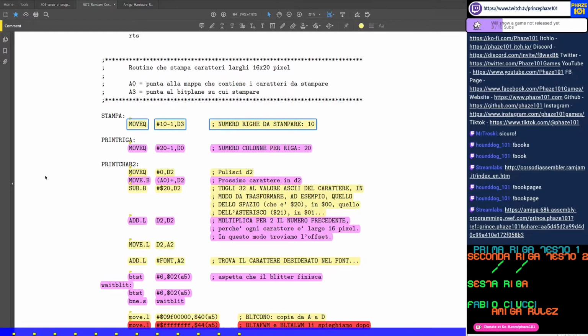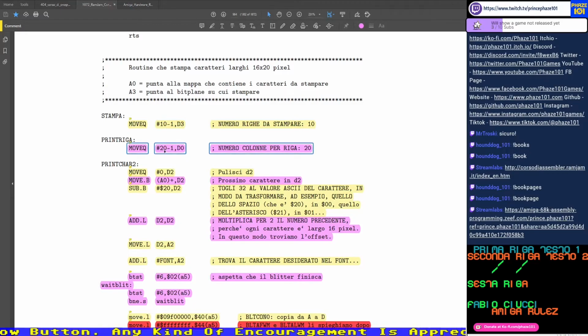It fits 10 times, and 10 times 20 is 200. Our screen is 256 high, but Fabio decided that we only need 10 lines on the screen. That's why the bottom part of the screen is not used. So that is the y.